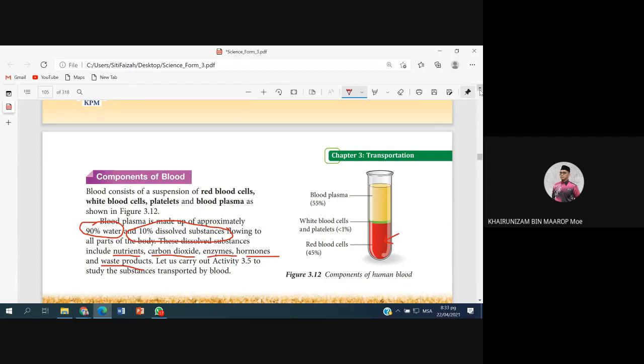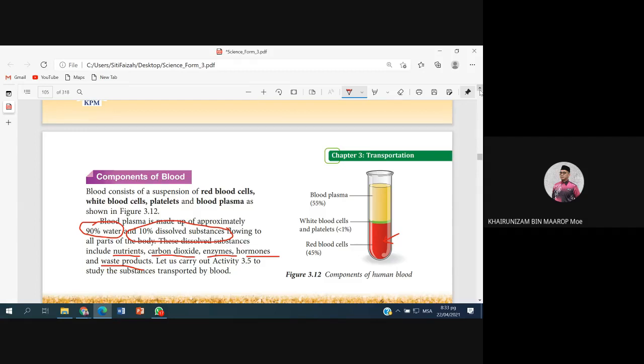Only blood plasma transports the nutrients and waste products. And then the red blood cell, you already know the structure of red blood cells: disc shape and biconcave.